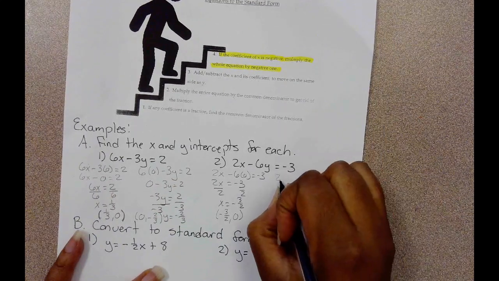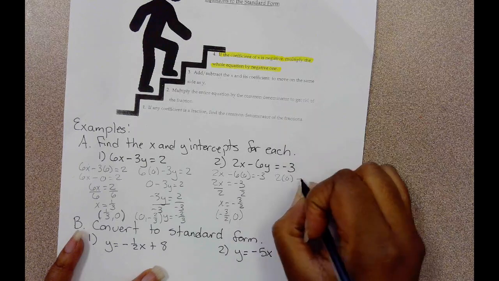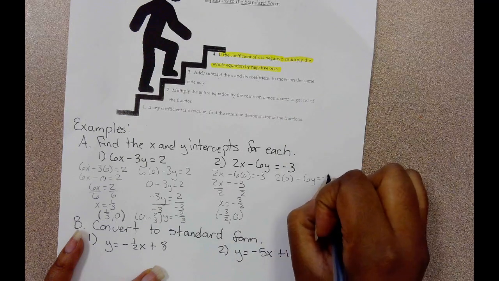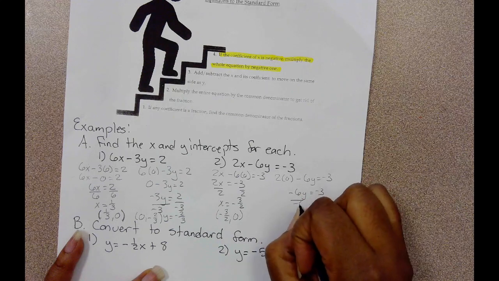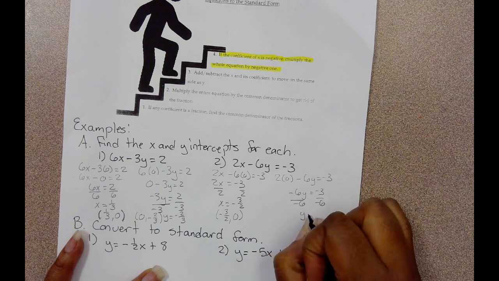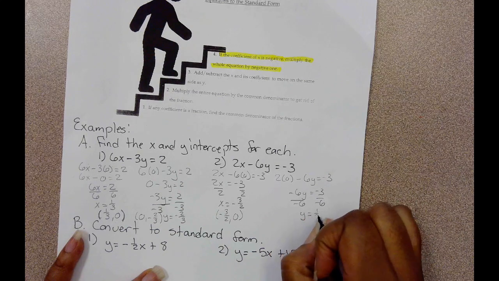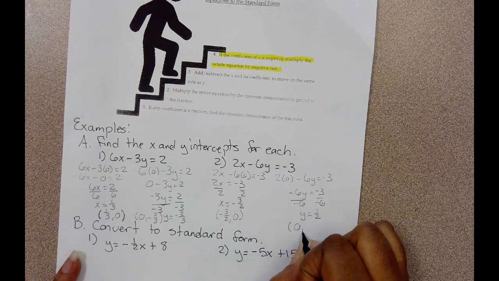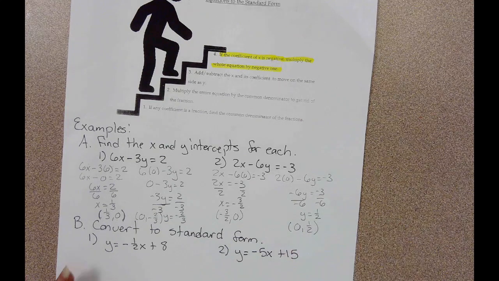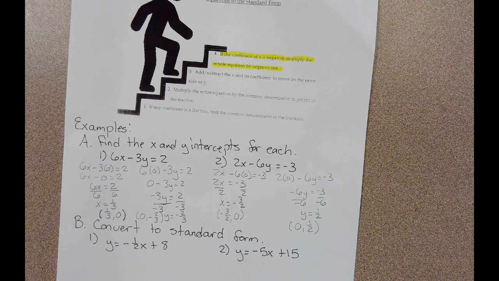I'm going to solve for my y-intercept. So I know what y is. So my y-intercept is 0, 1/2. So that is how you find your x and y intercepts from an equation written in standard form.